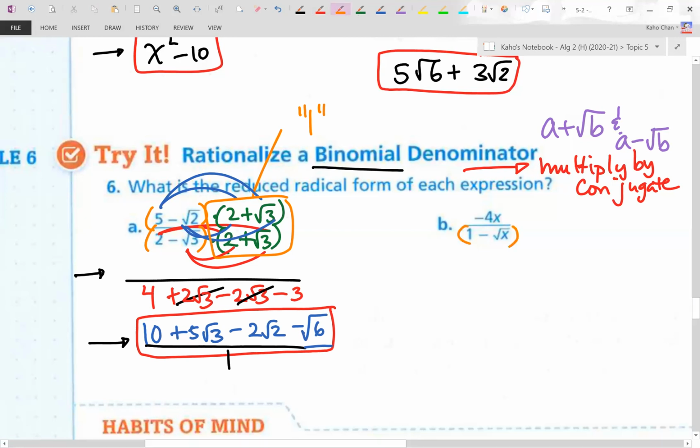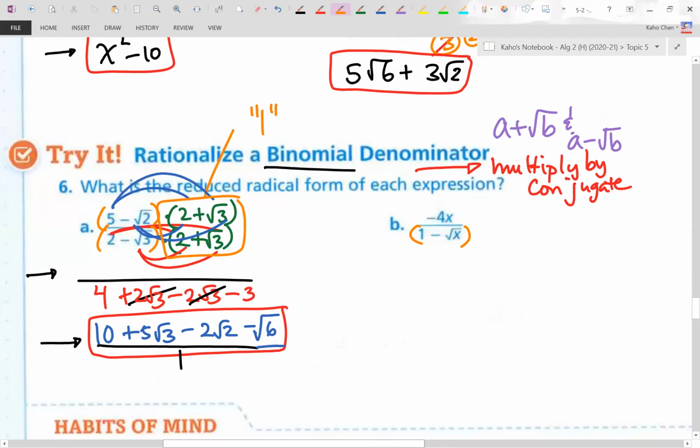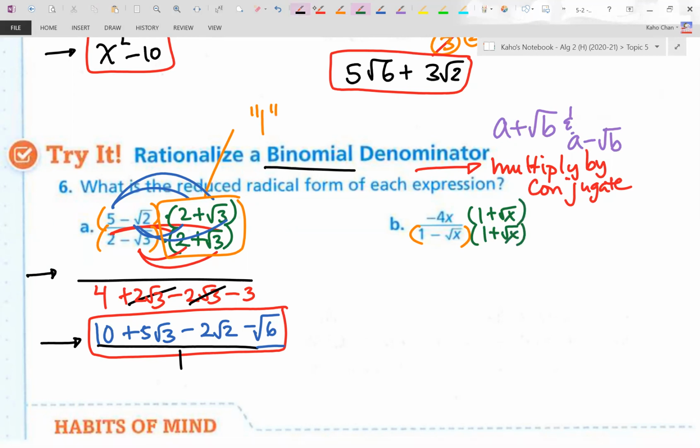All right, let's take a look at B. We do have a binomial that happens to have a radical. We need to multiply by the conjugate of 1 minus root x, and that is 1 plus root x, top and bottom. Here we go. I like to do the denominator first.